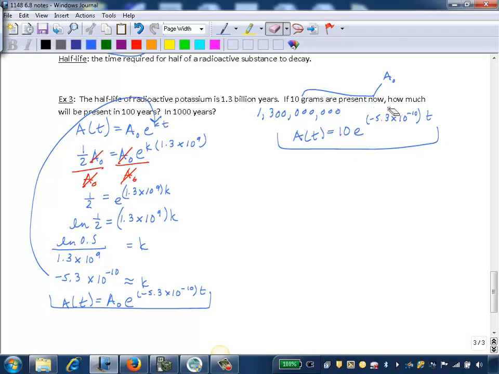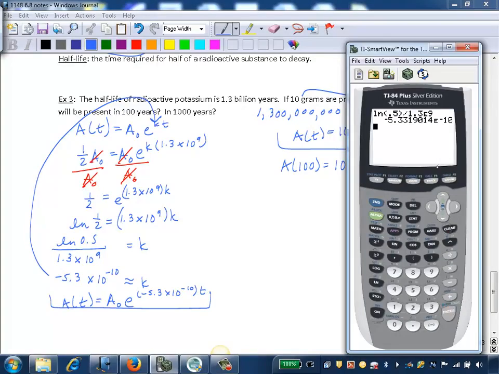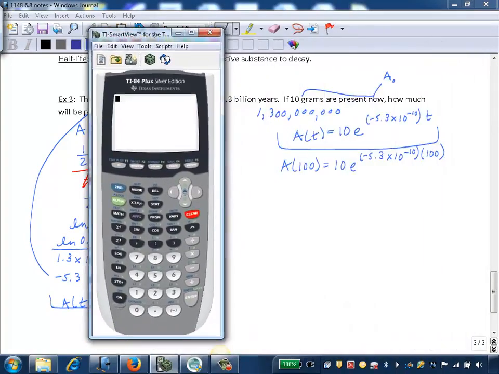So now if we want to know how much will be present in 100 years, I just need to find A when t is 100. So I'm going to find A of 100. So I'll have 10 times e to the negative 5.3 times 10 to the negative 10, and I'll fill in here for my t, my 100. Now, when we enter this into the calculator, we want to be careful with that exponent.